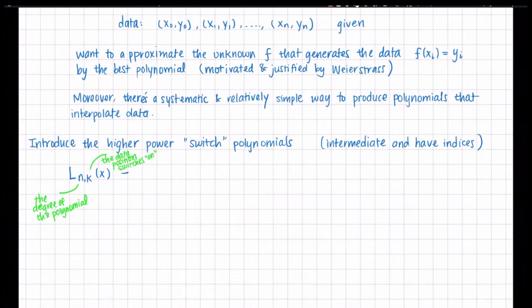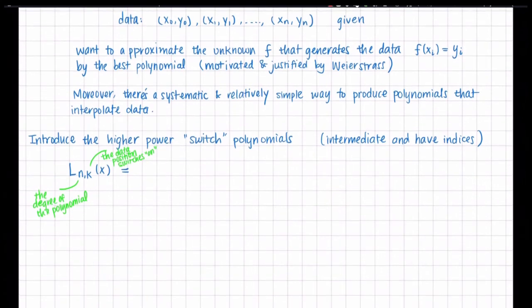Okay, so this is a long thing to write down, and I'm going to write it like this. On the top, I have my x minus x naught times x minus x1, and I'm going to start listing out these monomial products until I get to almost the kth one, x minus x sub k minus 1, and I'm going to omit the kth one, then continue with x minus x sub k plus 1.